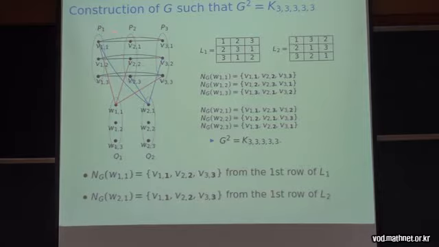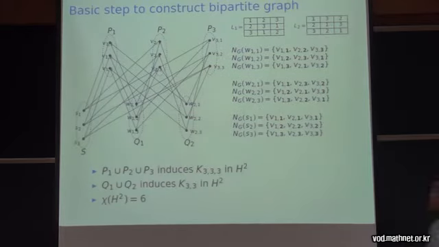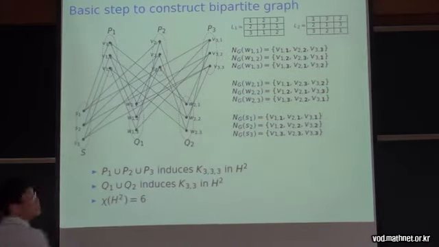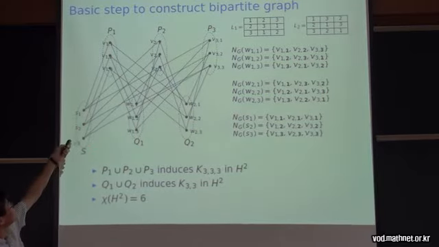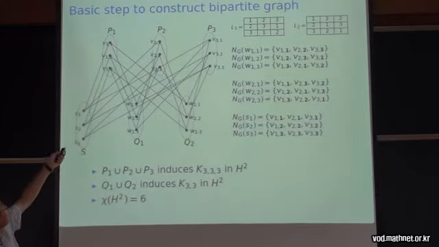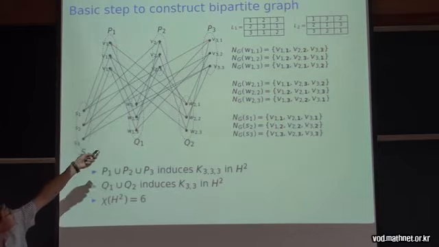To make it bipartite, we need to remove the complete subgraph. Instead, we add another set. In the square, S1 is adjacent to the top vertex.